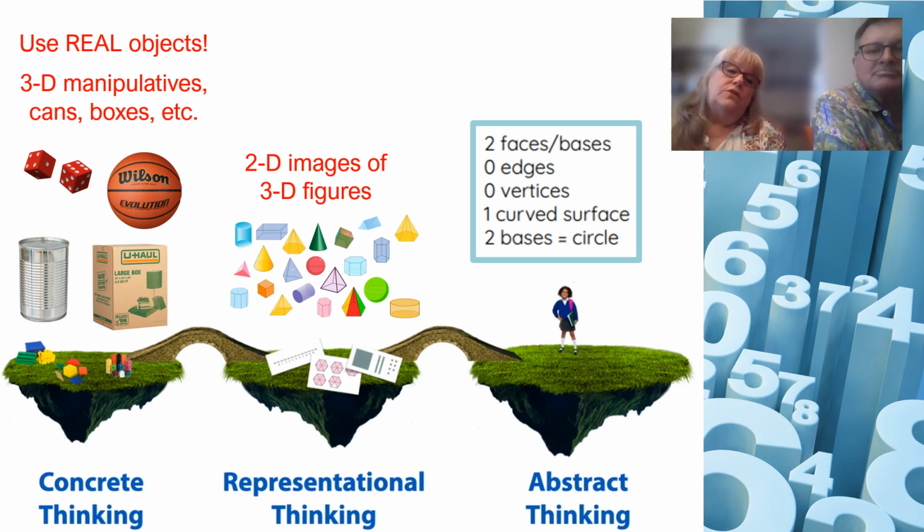When we see those 2D images, we can't see the entire shape. So we're seeing the front of it, and we might see little dotted lines that kind of show us what's in back, but it's hard for students to visualize that. They have to touch it. And then your abstract thinking, where you're talking about the vocabulary of the 3-dimensional figures.